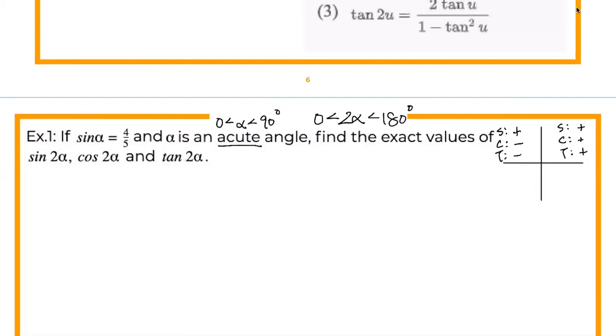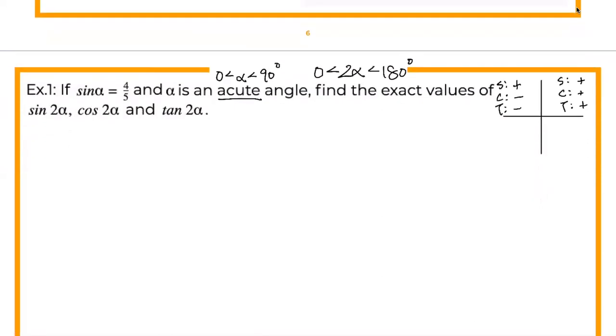Okay. So I like to sort of set this up. I know that at the end, I'm going to need to decide if my double angle values are positive or negative. Okay. So I'm going to start by drawing a triangle that represents sine alpha equals 4/5.